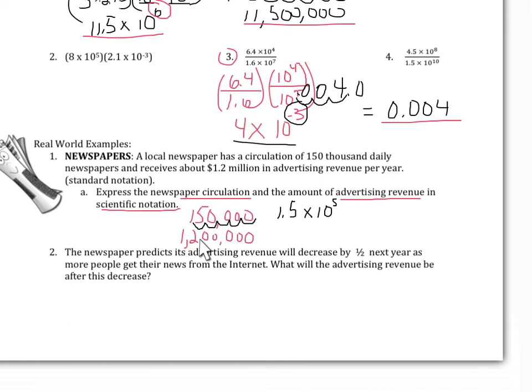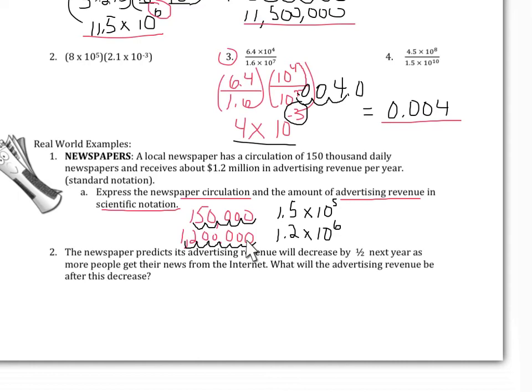Now for our next one, we're going to move the decimal place 1, 2, 3, 4, 5, 6 times. So we have 1.2 times 10 to the 6th, and it's positive because our first number again was bigger than 1. So that's going to be our final answer for that one.